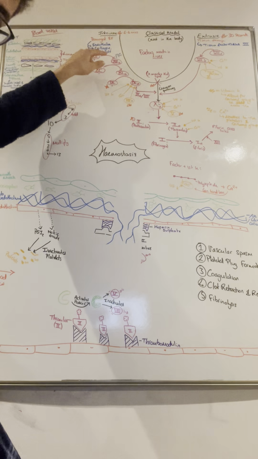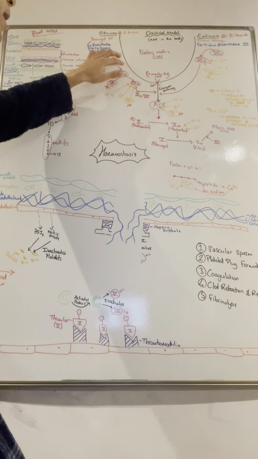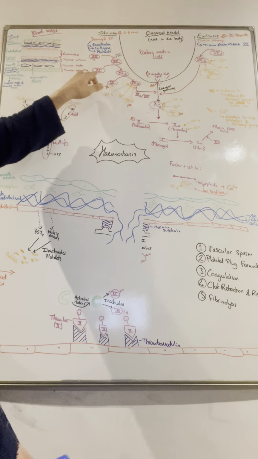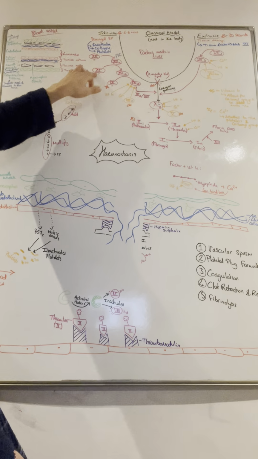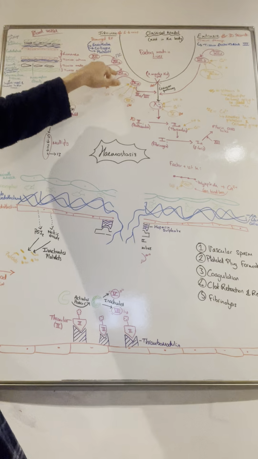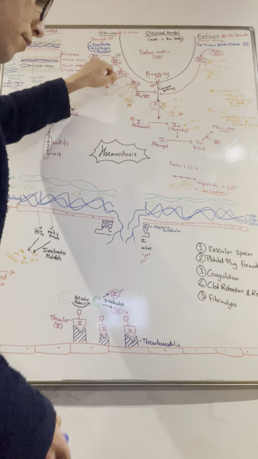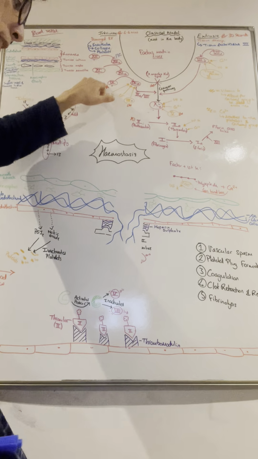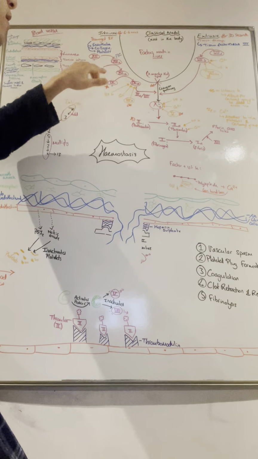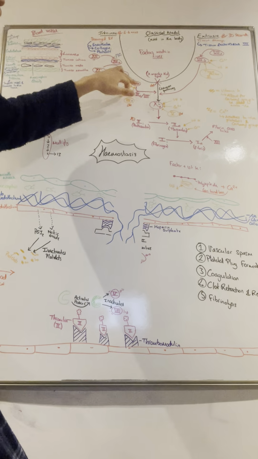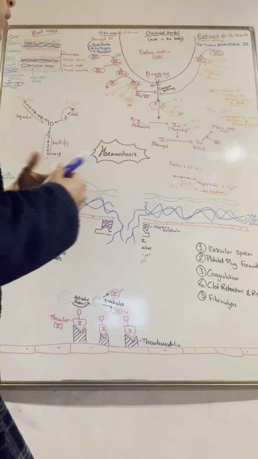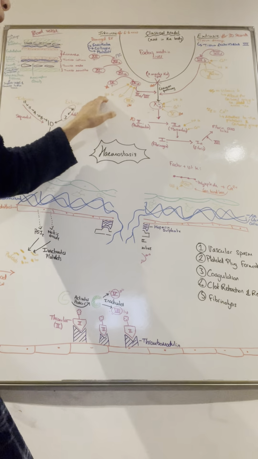So factor 12A has been made after it's bumped into the collagen. That triggers our factor 11 to turn into 11A. So 11A is active. And that in turn activates 9. So our factor 9 goes from 9 to 9A. Okay, that makes sense. It's a little chain reaction we've got there.